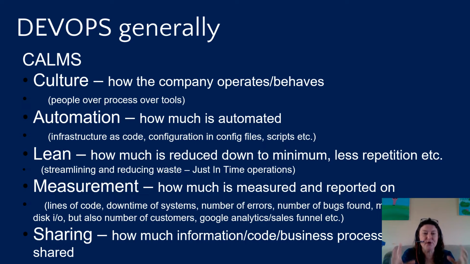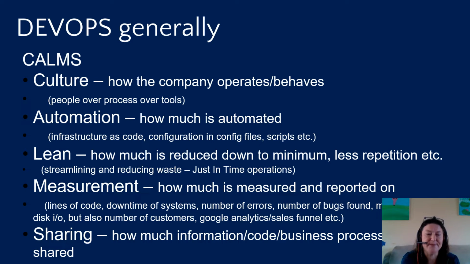So the more you measure stuff like that, the more visibility you have into those stages in the shopping cart or the website process, the better you can help the company to make more money and solve problems and so on. And that's key to DevOps.